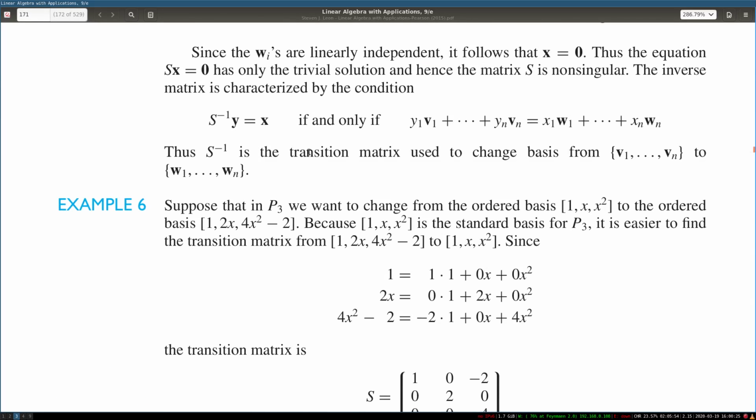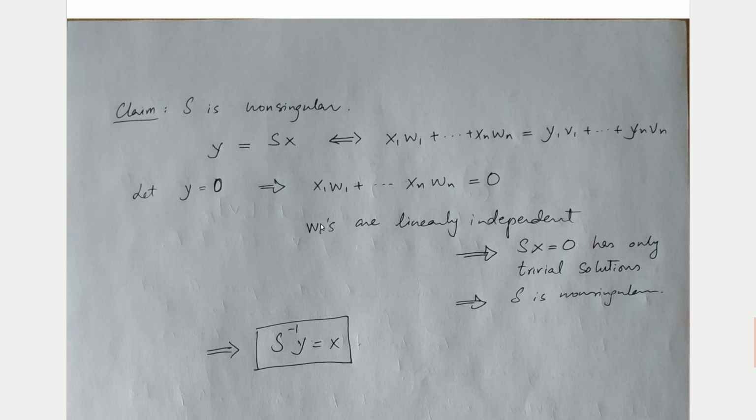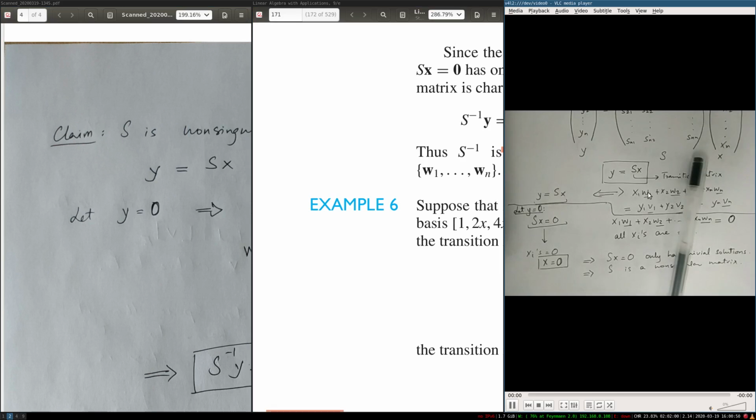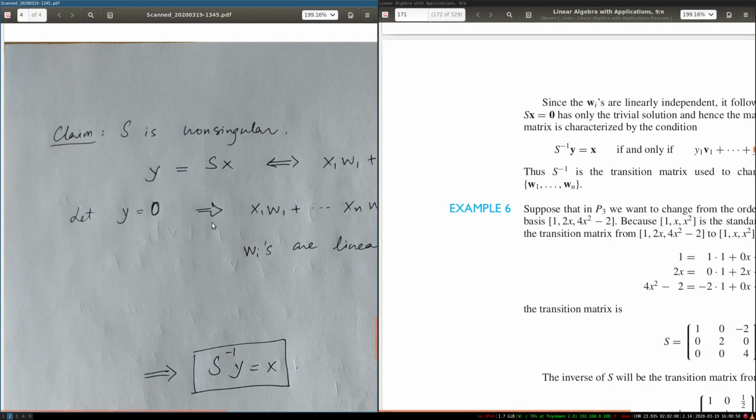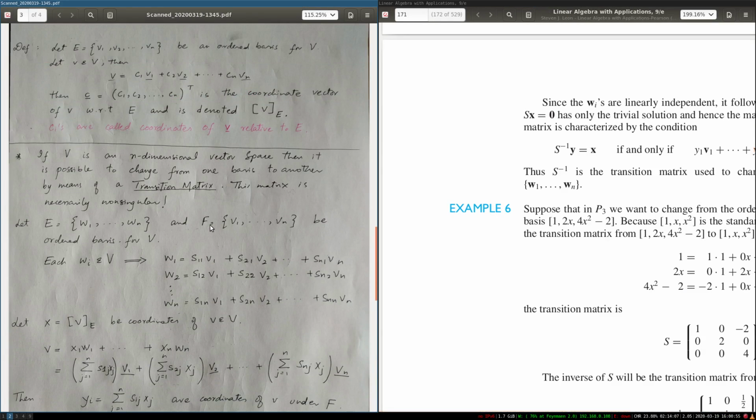Okay, let's go on. Here's an example that uses these ideas for polynomials. They're in P3. Suppose that in P3 we want to change from the ordered basis, the standard basis, to this different basis. And the idea is simple. We follow the same ideas.